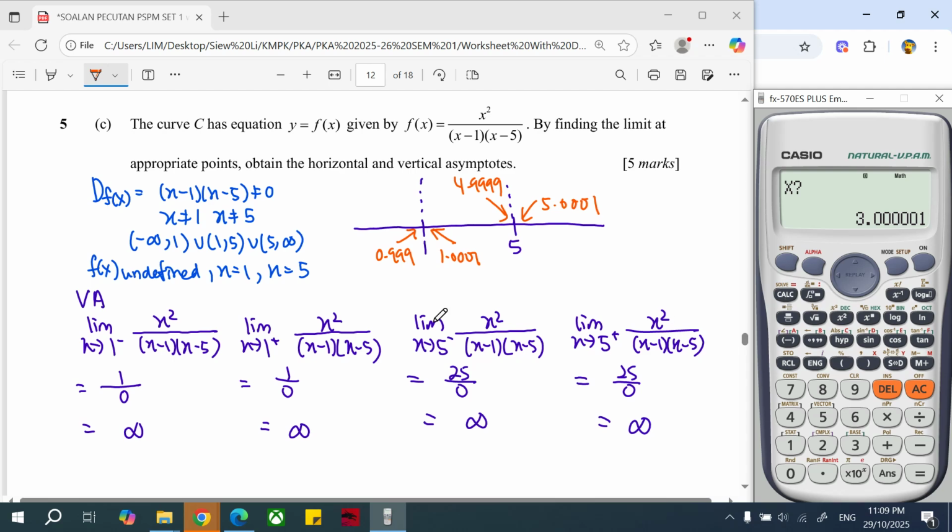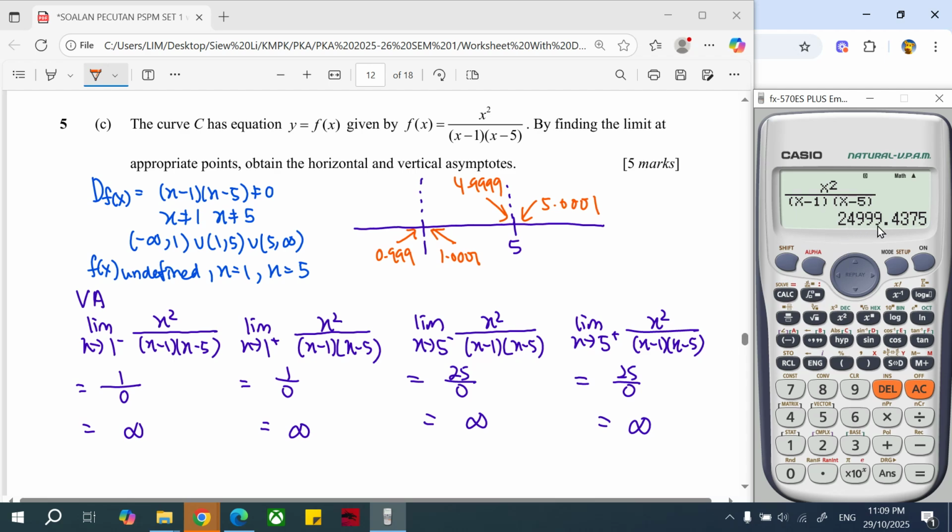So what value can I calculate? Not 1, because 1 will be undefined. I will calculate a value near to it. Getting near to 1 from the left, which is 0.9999, as near as you can, approaching it as close as you can.